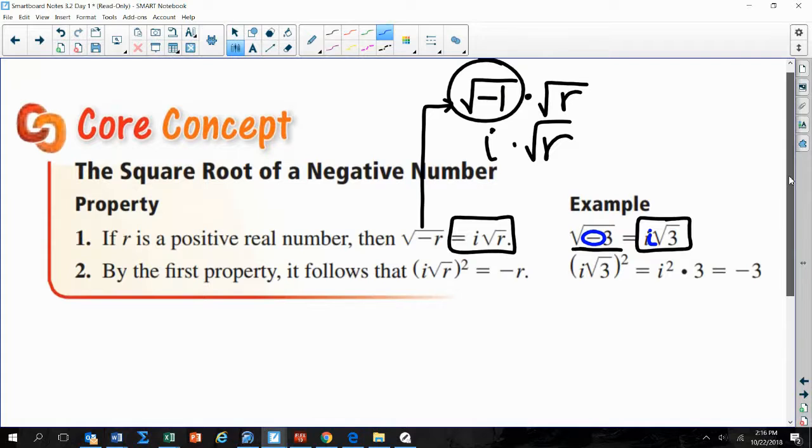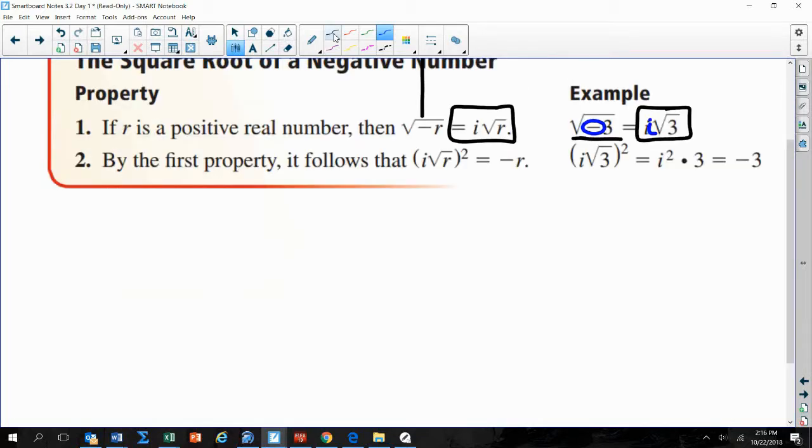It says by the first property, it follows that i square root of r, quantity squared, is negative r. Again, this is something that you can actually prove yourself. If I want to square i radical r, I have to square both parts. I have to square the i, and I have to square the square root of r.